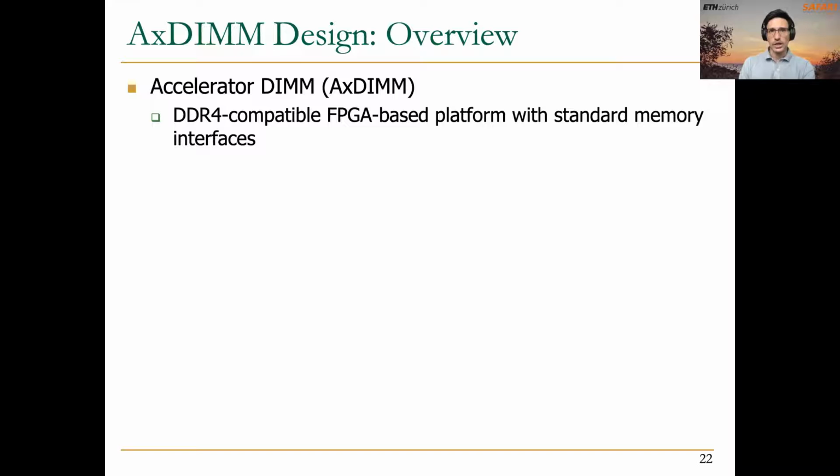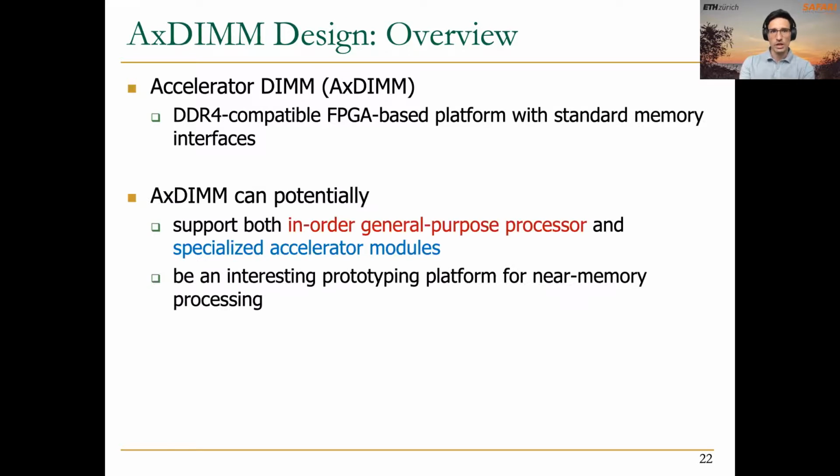It's a DDR4 compatible FPGA-based platform with standard memory interfaces, and it can potentially support both in-order general purpose processors, similar to the MCM paper that I mentioned before, and also specialized accelerator modules. In the end, it's an interesting prototyping platform for near memory processing and for exploring different ways of doing near memory processing for different applications as well.